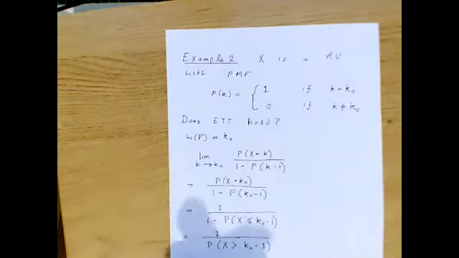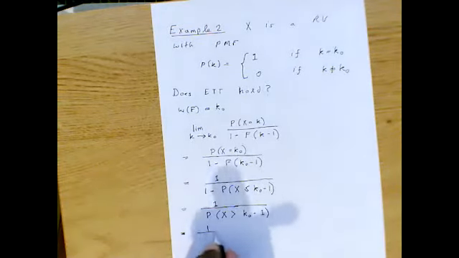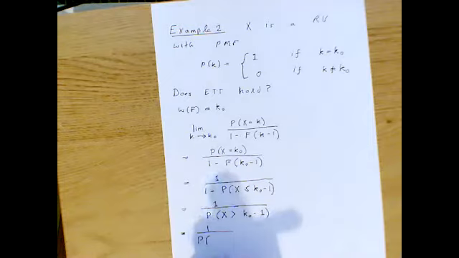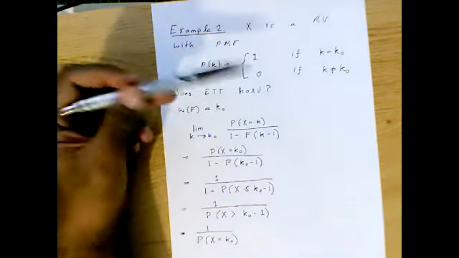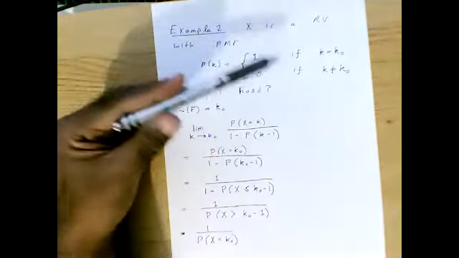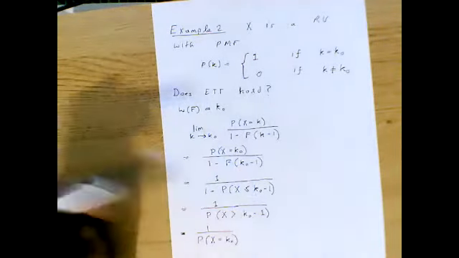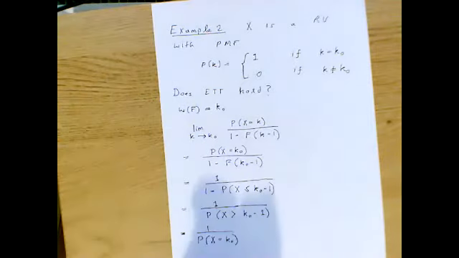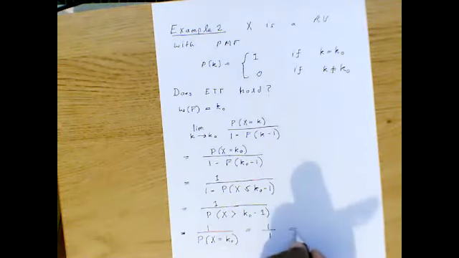So this is the same as 1 divided by the probability that x is equal to k0, because the only value the random variable takes is k0. So if it is greater than k0 minus 1, it must be k0. And so this is equal to 1 divided by 1, which is not equal to 0.